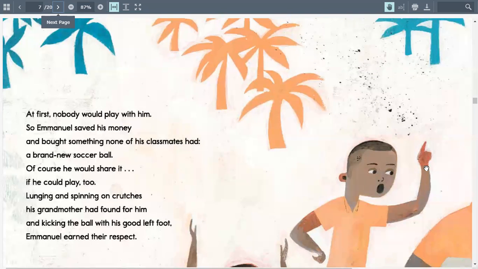At first, nobody would play with him. So Emmanuel saved his money and bought something none of his classmates had, a brand new soccer ball. Of course, he would share it if he could play too. Lunging and spinning on crutches his grandmother had found for him and kicking the ball with his good left foot, Emmanuel earned their respect.